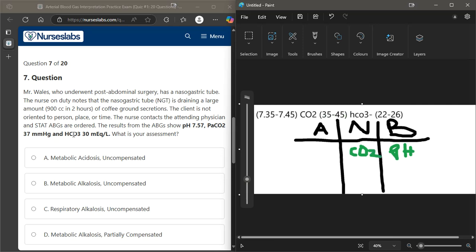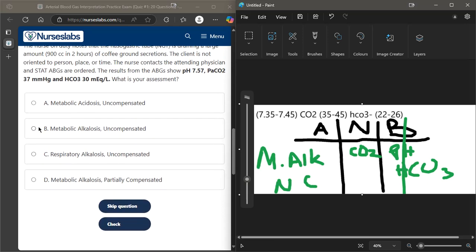The normal range is 22 to 26. So bicarb is falling under the basic aspect. And we are seeing pH with bicarb. This will be a metabolic. It's on the basic tab. So this is a metabolic alkalosis. And then there is no compensation. So metabolic alkalosis, uncompensated.